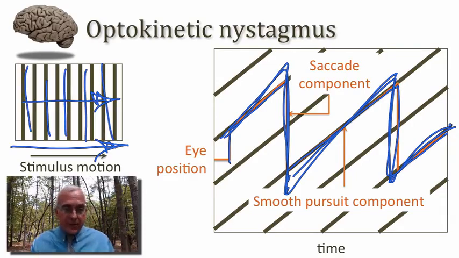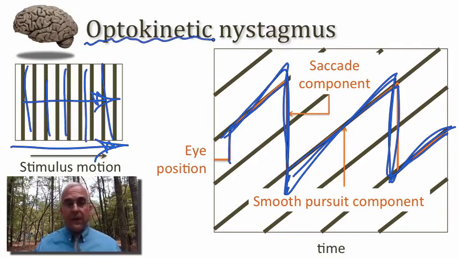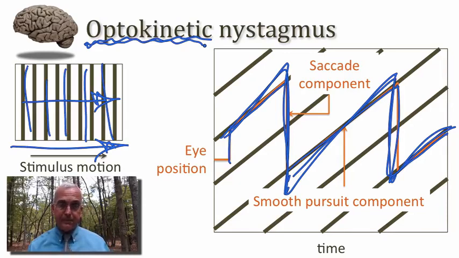Just as we had a vestibular nystagmus that could be an indication that we may have been recently spinning, or that there may be dysfunction in the vestibular system, we can have a nystagmus without movement of our head, driven entirely by the movements of the visual scene. This is why it is called optokinetic nystagmus, to be distinguished from vestibular nystagmus. So the stimulus here is visual. It's the large-scale movement of the visual scene.